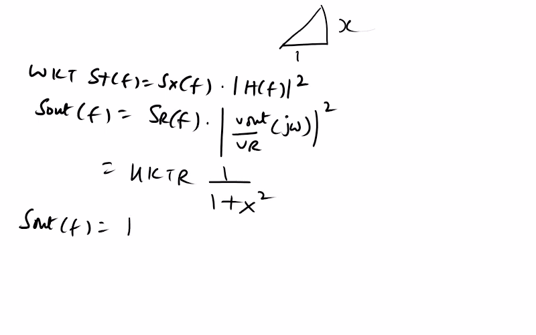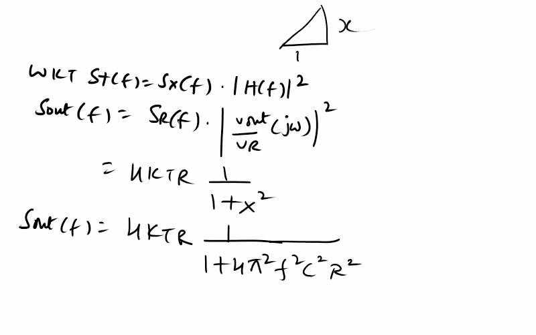It is 4kTR into 1 divided by 1 plus 4 pi square f square C square R square. So you can see here S_out(f) is S_R(f) into V_out divided by V_R at j omega, magnitude square.